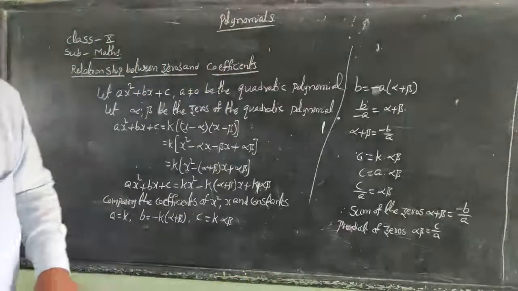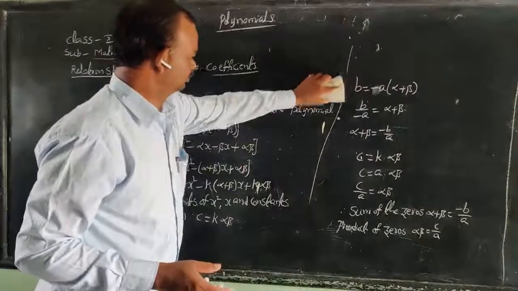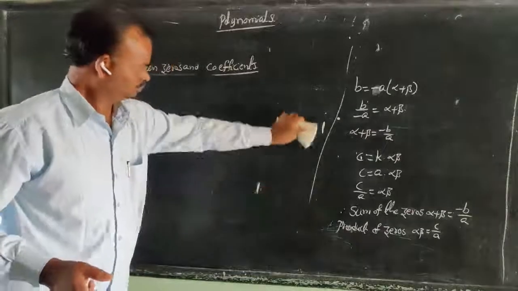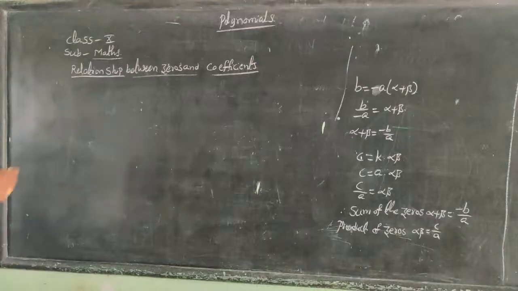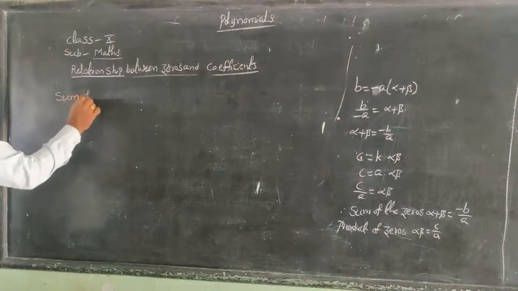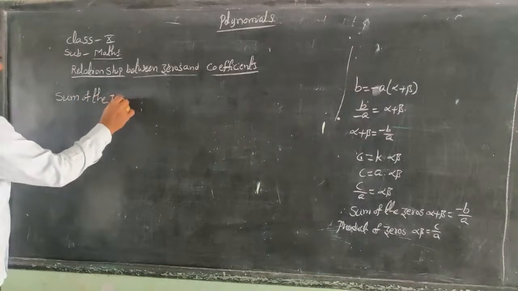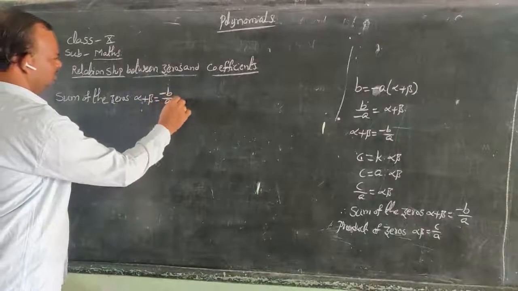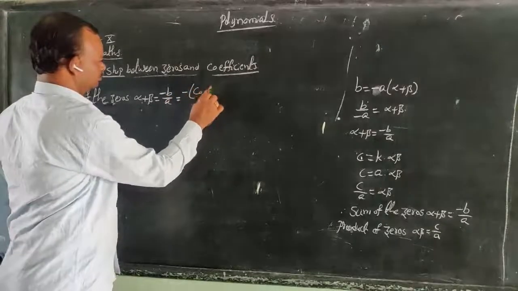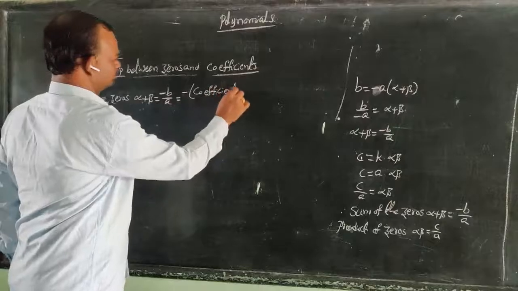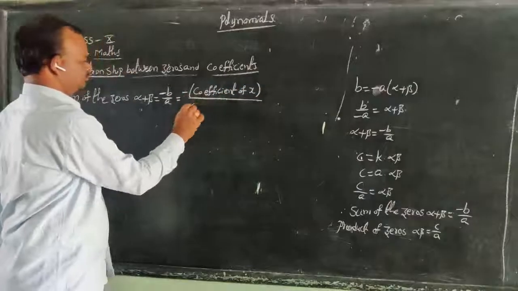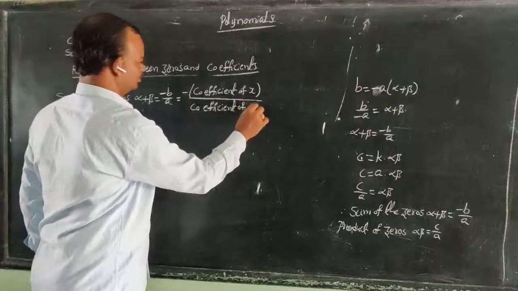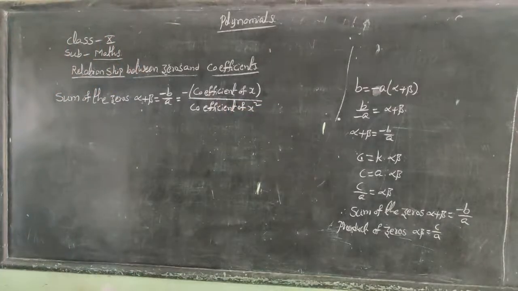So it can also be written as: the sum of the zeros, alpha plus beta, is equal to minus b by a, is equal to minus the coefficient of x by the coefficient of x square.